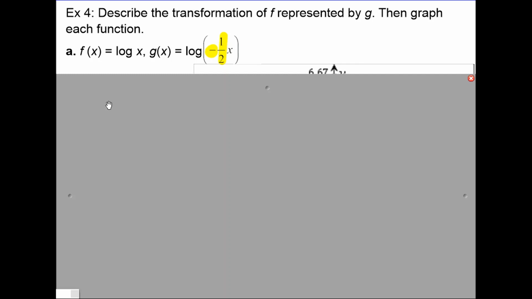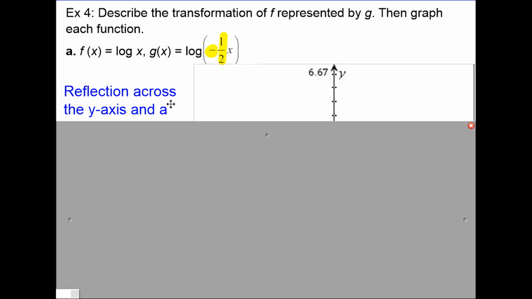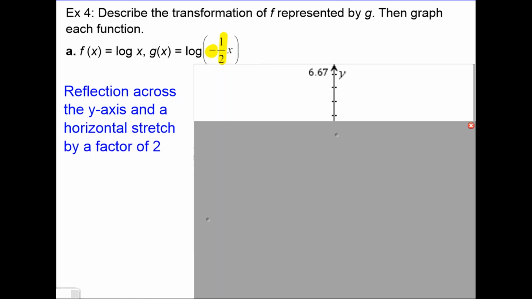The negative inside is a reflection across the y-axis. The 1/2 inside. Inside tells us a horizontal movement. Since it's multiplied, it's either a stretch or shrink. It is 1/2, which is between 0 and 1, so it is a horizontal stretch by a factor of 2.